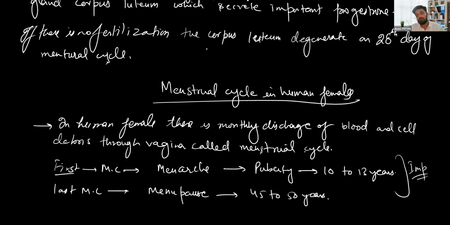So what is the first menstrual cycle called? Tell me. Menarche. And the last? Menopause. Okay.